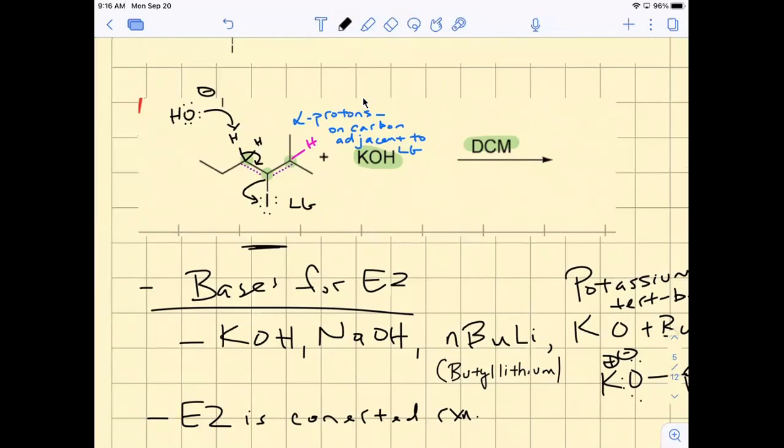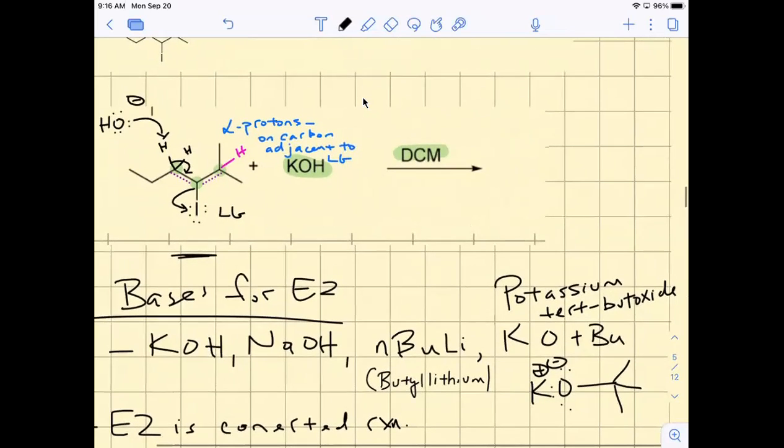All 3 of those things are happening simultaneously. All right. And so what that's going to give me product wise, hold on, I got one extra carbon in there. Is a double bond here.